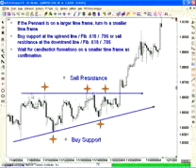Okay, when it gets to these boundaries, turn to a smaller time frame, maybe a 60-minute chart, a 15-minute chart. Look for evening stars. Look for tweezer tops, engulfing bearish. Look for trend line breaks on a smaller time frame. Take the ride to the other side of the boundary.